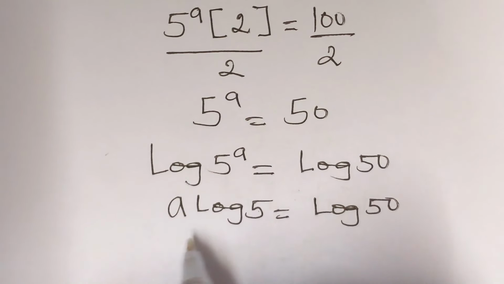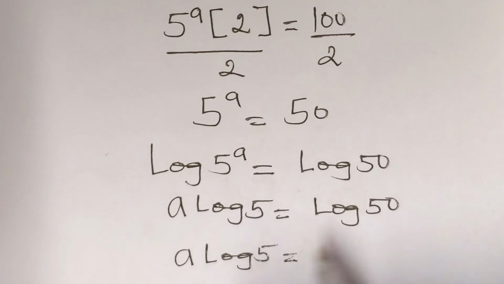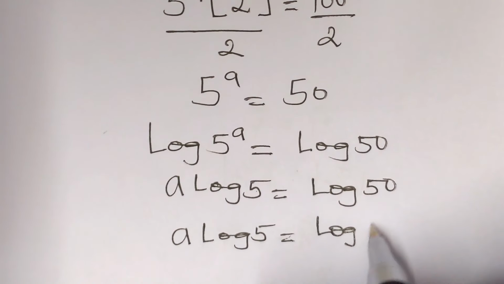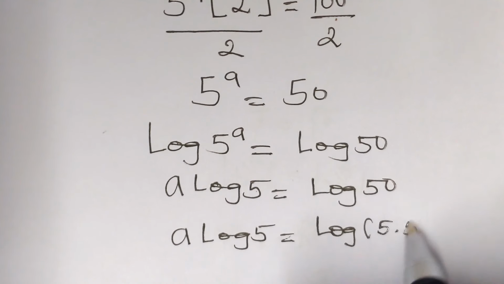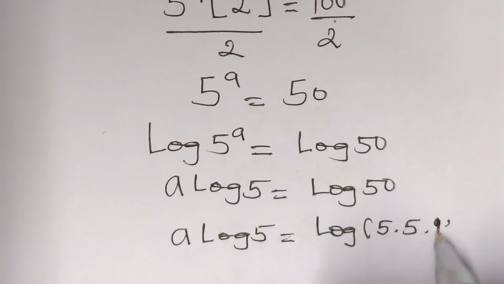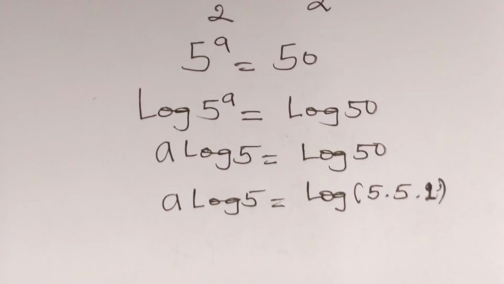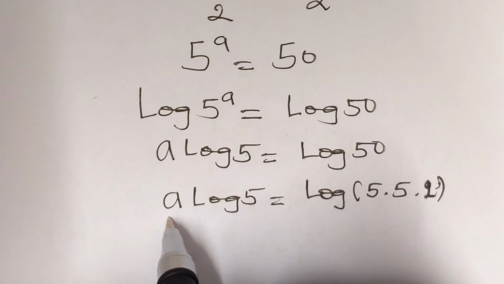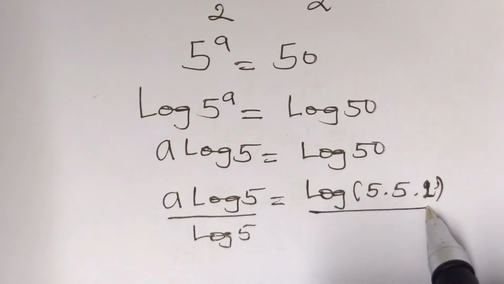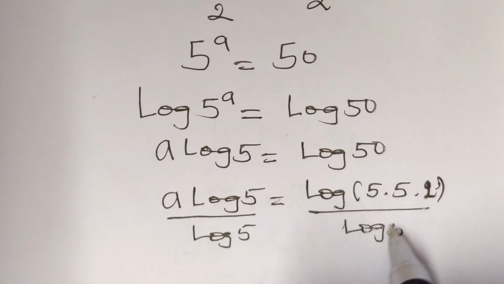Then a logarithm of 5 is equal to logarithm of 5 times 5 times 2. And here at this stage you have to divide by logarithm of 5.